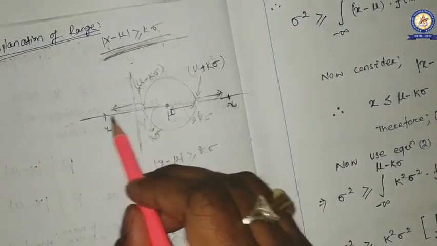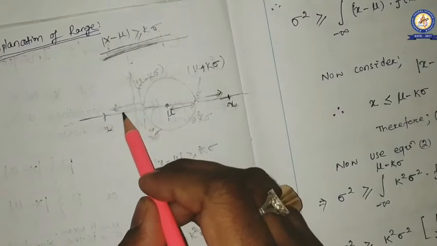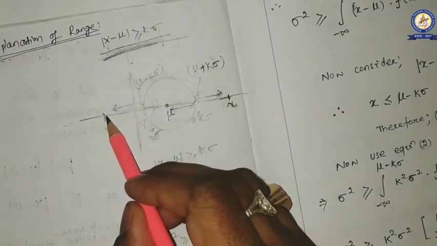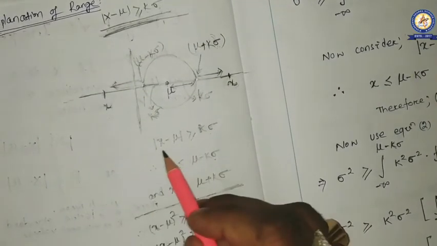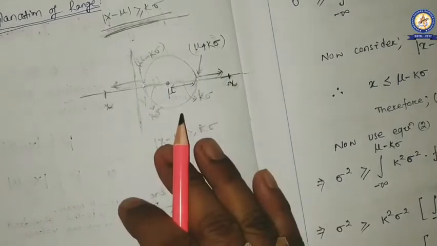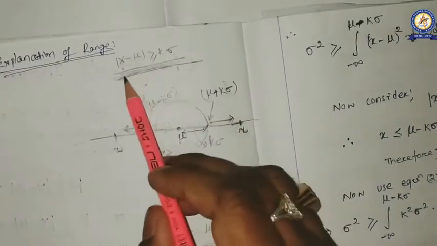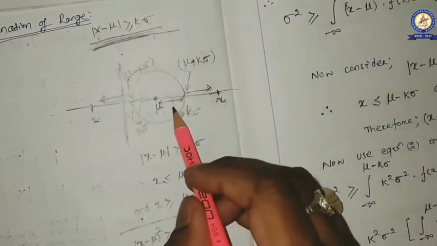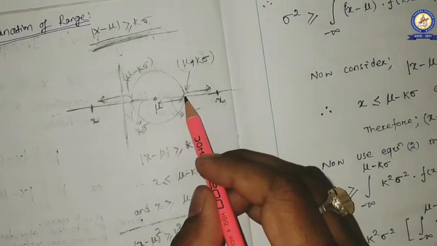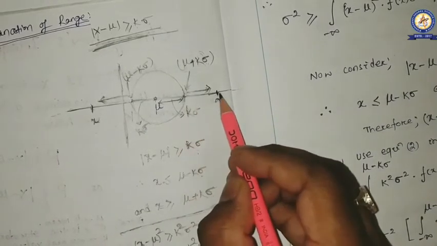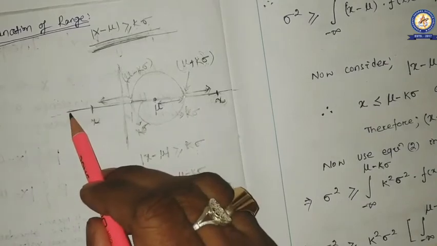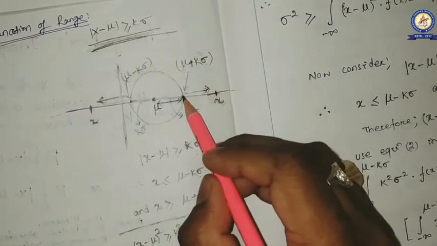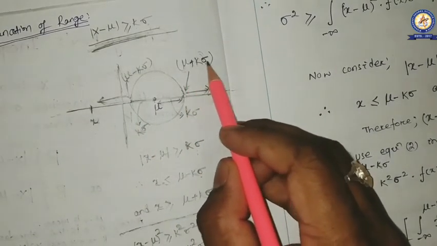That means all the values of x beyond this point will be acceptable to satisfy this condition. So for this condition, what will the x values be? The x values will be beyond this point and beyond this point. That means this point belongs to mu plus k sigma.